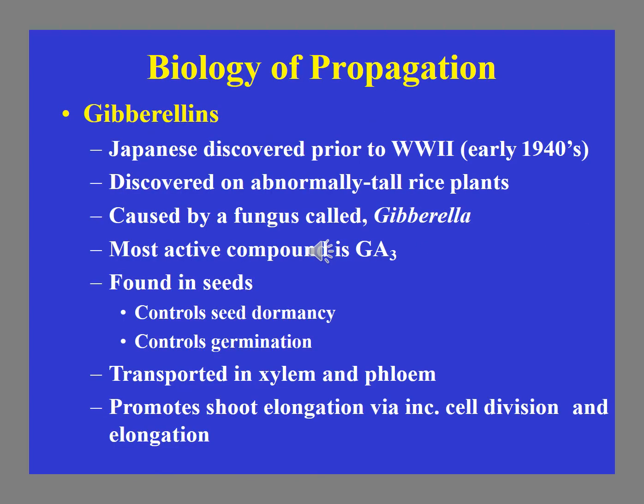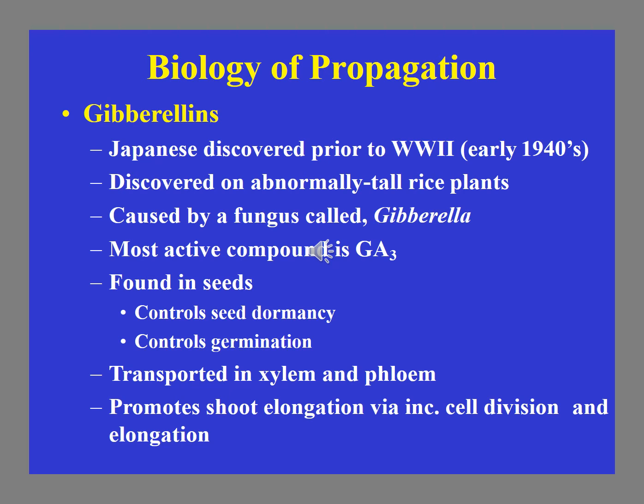Gibberellins are another main category of hormones found in plants. First discovered on abnormally tall rice plants. People were wondering in Japan, why are these so tall? What is it in them that's causing that? In this situation, it was caused by a fungus that made the plant overproduce this gibberellin hormone and made it grow tall.